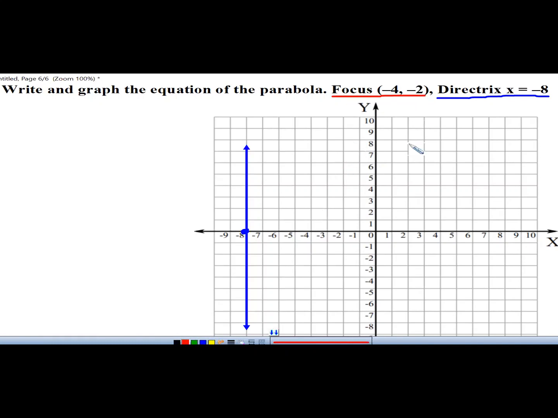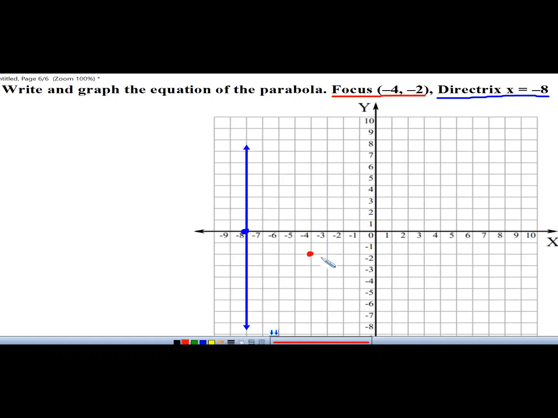Focus -4, -2. All right, by looking at it, which direction is this going to open towards? What do you think, Enrique?